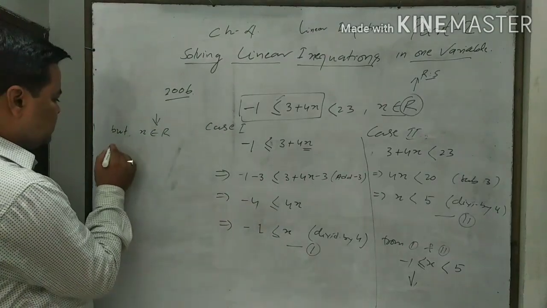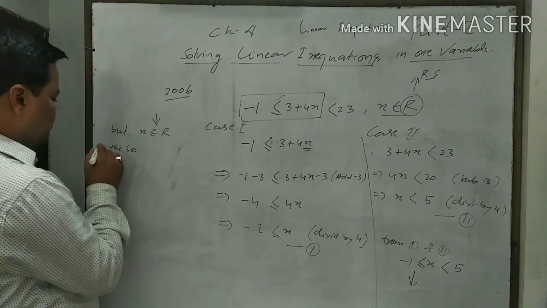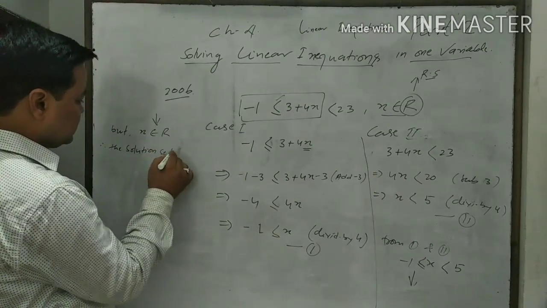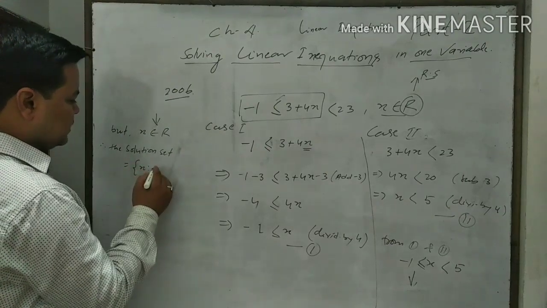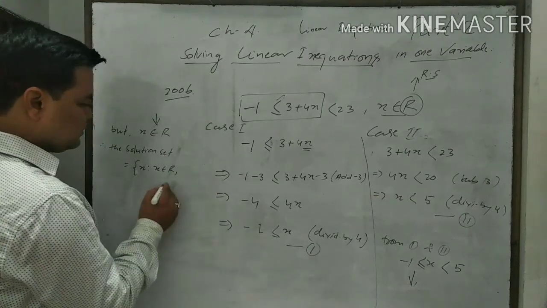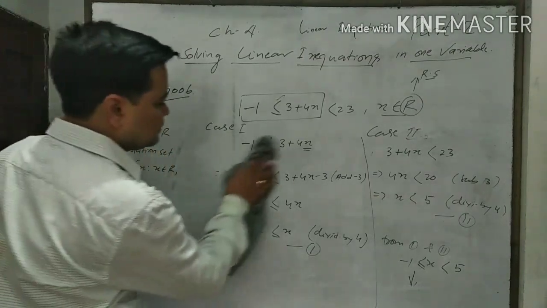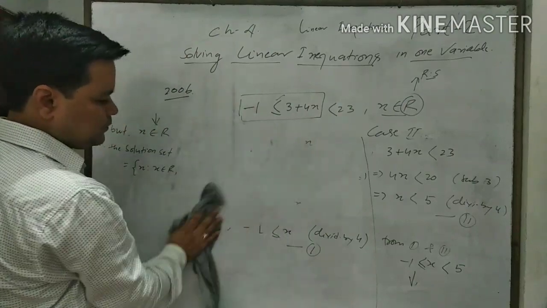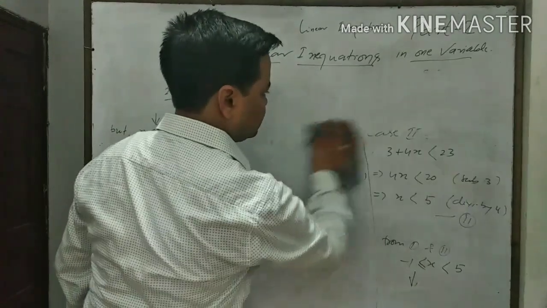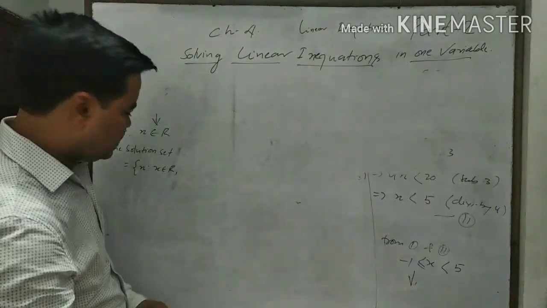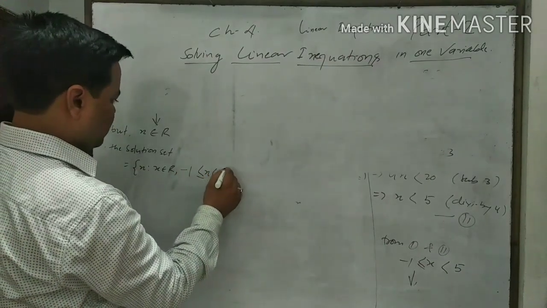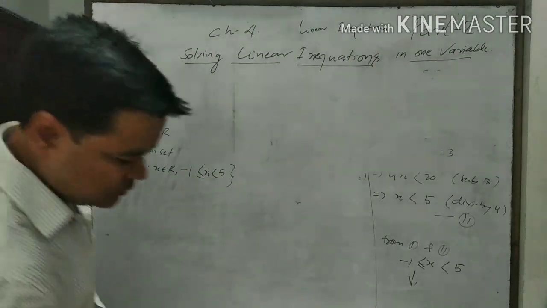So the solution set is equal to {x : x belongs to R, -1 ≤ x < 5}. This is the solution set.